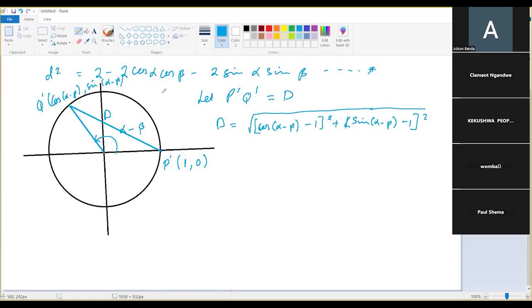So again, we can just expand and simplify this. Let's see if we can do the expansion. I hope you can still see what I am doing.